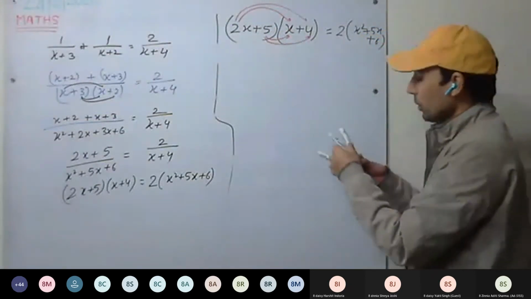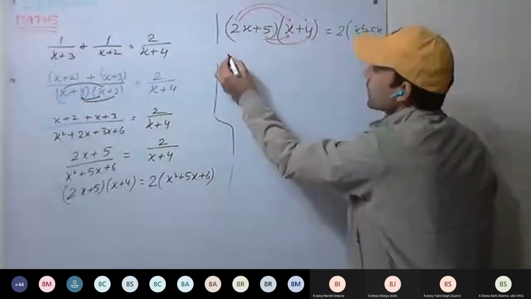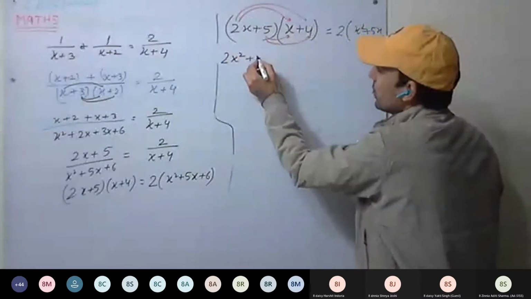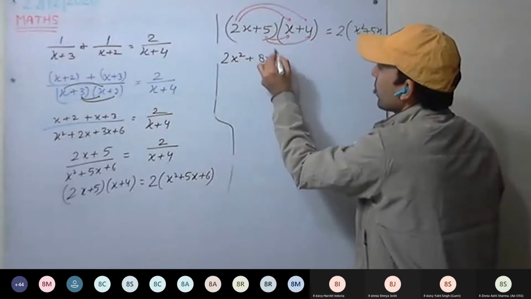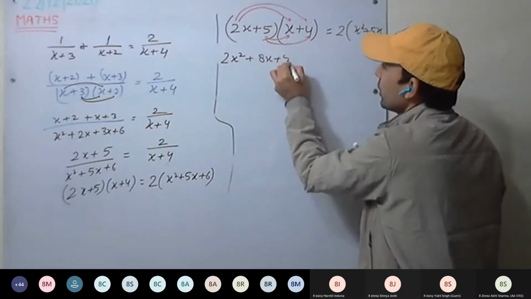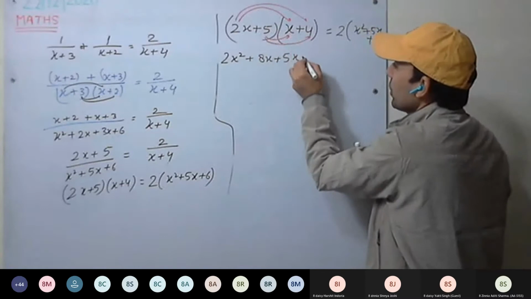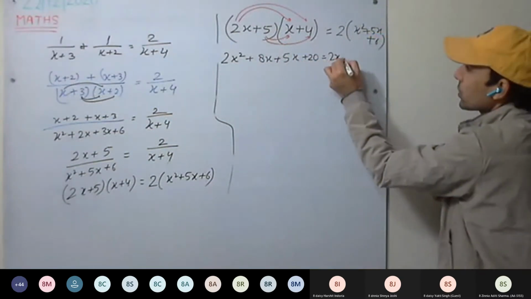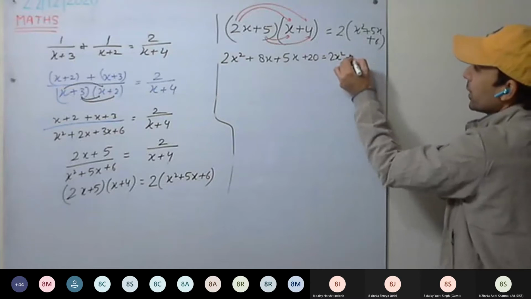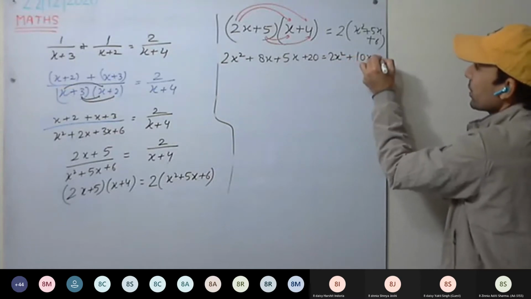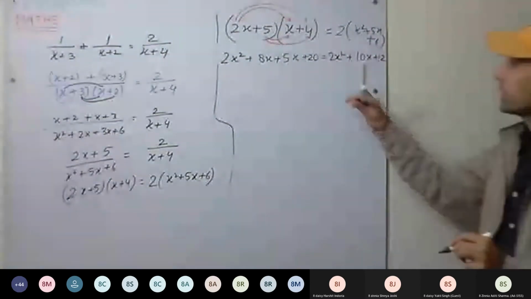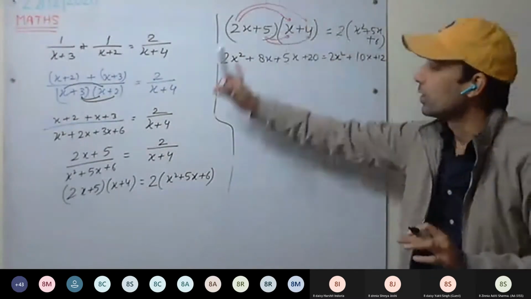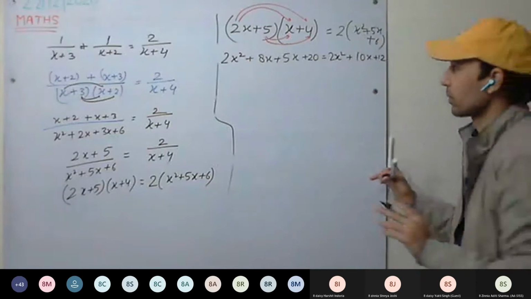What will we write next? 2x into x, 2x square, plus 2x into 4, 8x, plus 5 into x, 5x, plus 5 into 4, plus 20. On the right hand side, 2x square, we are opening the bracket, plus 10x plus 12. Understood? Now you can see 2x square is getting cancelled. That means we may have solved correctly.